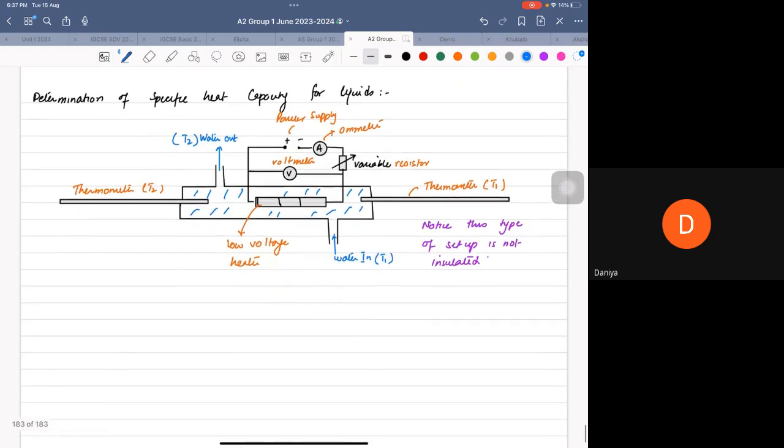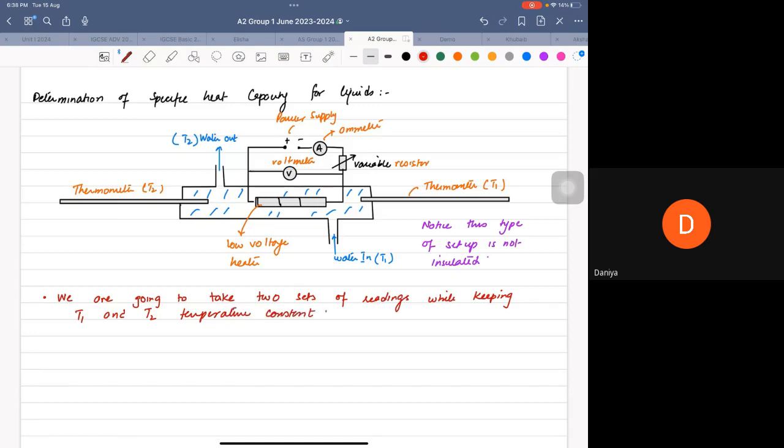Now, let's first understand what we are going to achieve. Let's write here: we are going to take two sets of readings while keeping T1 and T2 temperature constant.